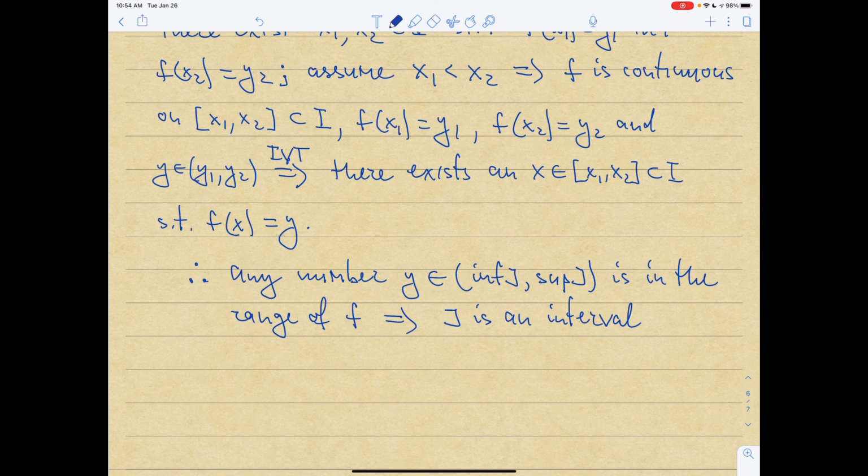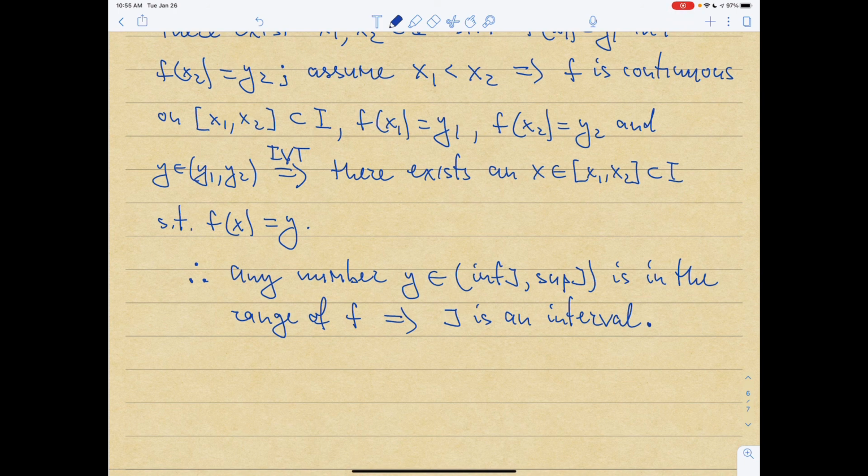Maybe except for the infimum of J and supremum of J themselves, but that doesn't matter because an open interval between the infimum of J and the supremum of J is going to be in the range. It's possible that the infimum of J and supremum of J are themselves in the range, but we're not postulating that here. It might or might not be possible. So that's it. That's a proof of this theorem.